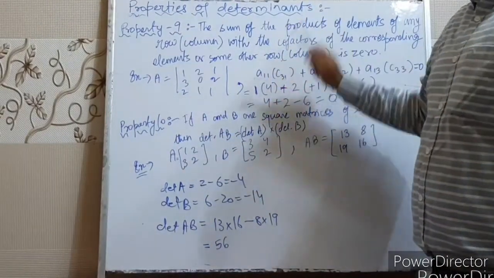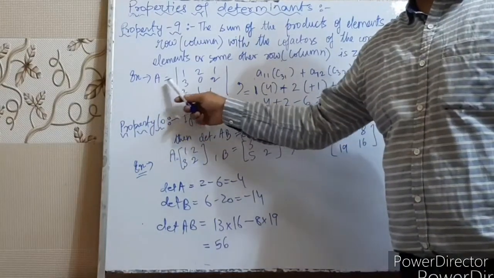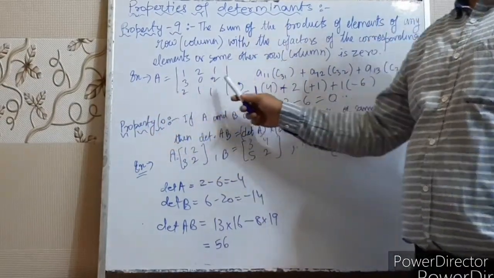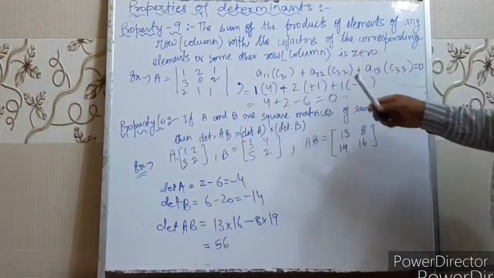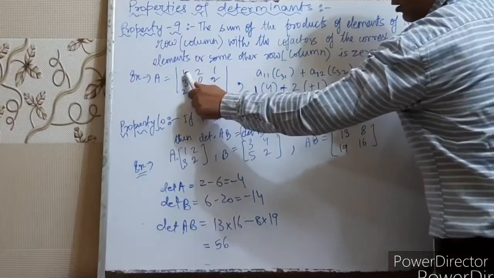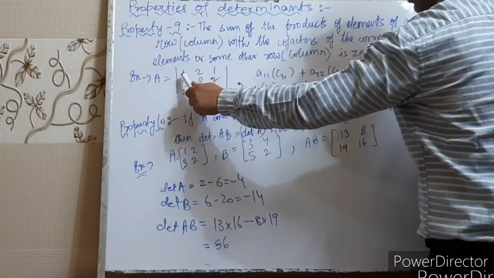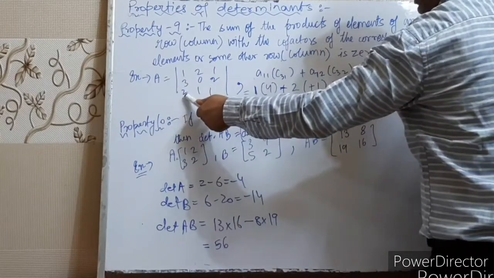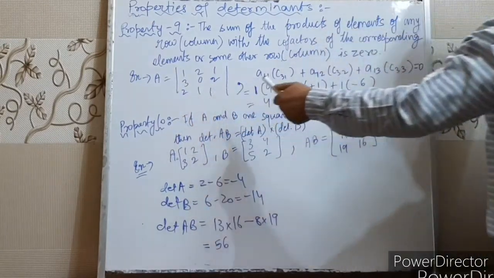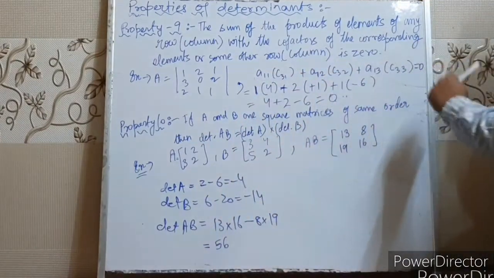What does this property mean? Suppose there is a determinant A like 1 2 1, 3 0 2, 2 2 1, right? This means that if we take the elements of the first row and multiply with the cofactors of some other row or column, suppose I have taken the cofactors of the third row, then when we multiply the cofactor and the element and add, the result will be 0.